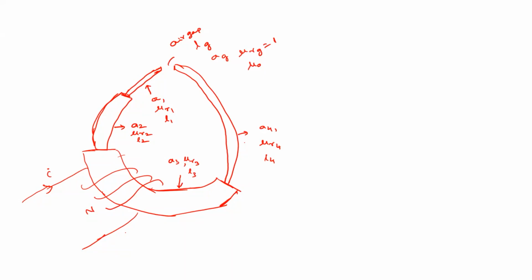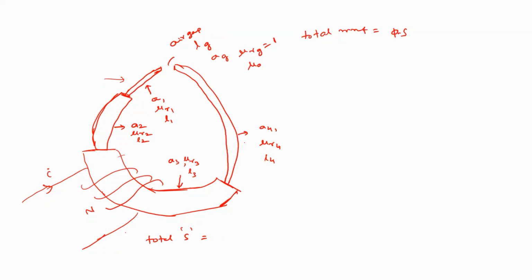The flux will remain the same. So the total MMF is flux into reluctance, phi into S. What is the total reluctance? What is the reluctance of the first element?